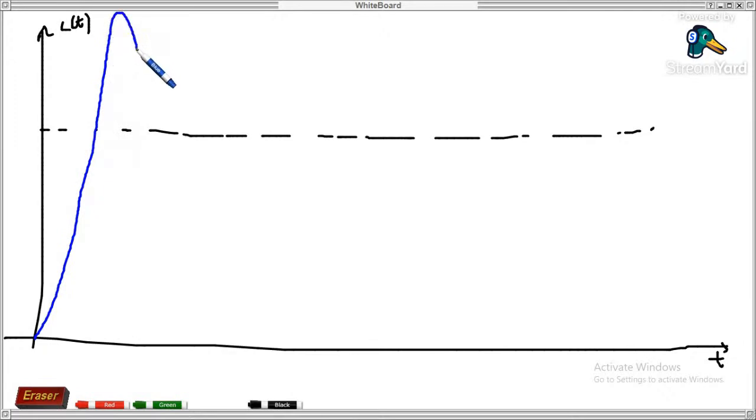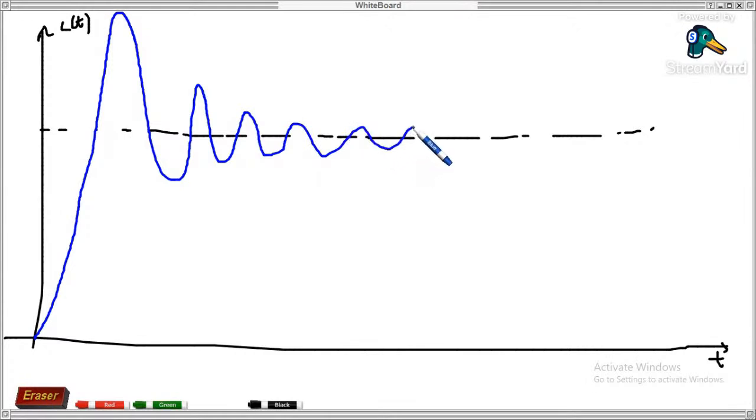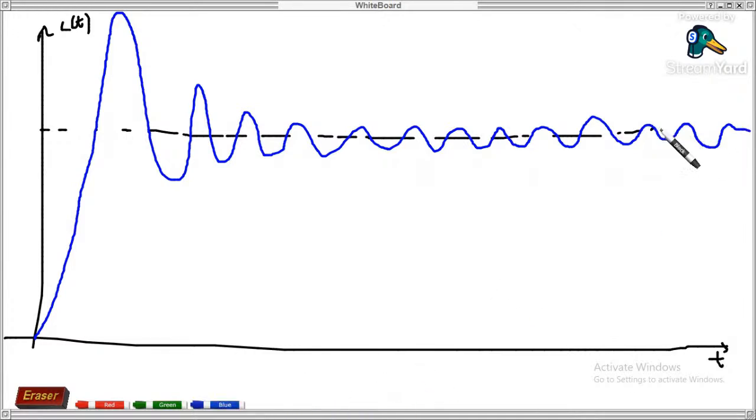Oscillation जास्त येतील आता. You can see here a lot of oscillations are there, and it will require a very large time to settle, and finally it will give you zero steady state error.